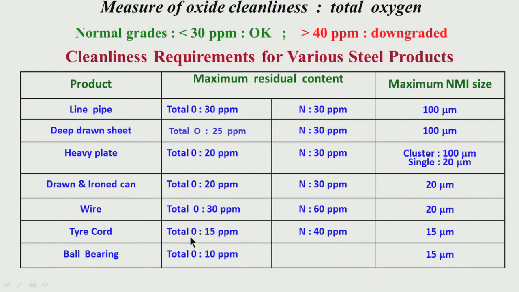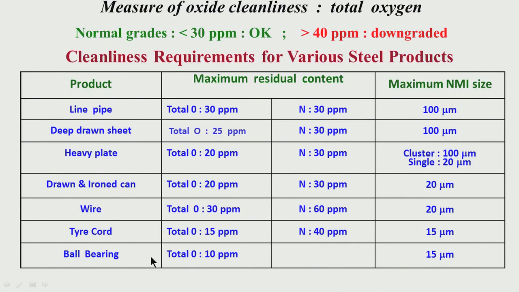Look at the total oxygen, hardly 15 ppm is allowed, nitrogen 40 ppm, 15 micron is the maximum size of NMI. So as we go to more and more stringent applications, residual contents are becoming more and more stringent, maximum limits are still lower, so we have to be more careful.